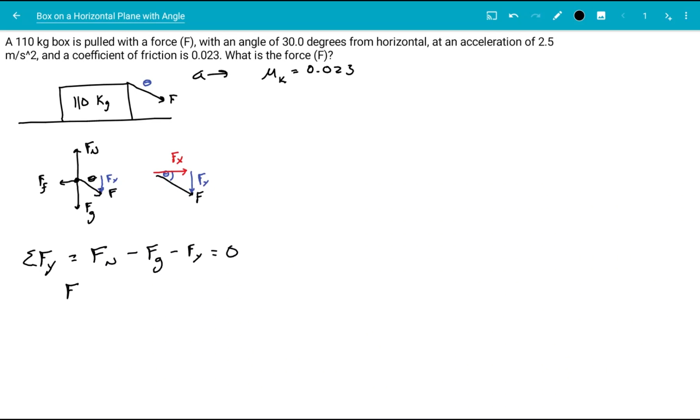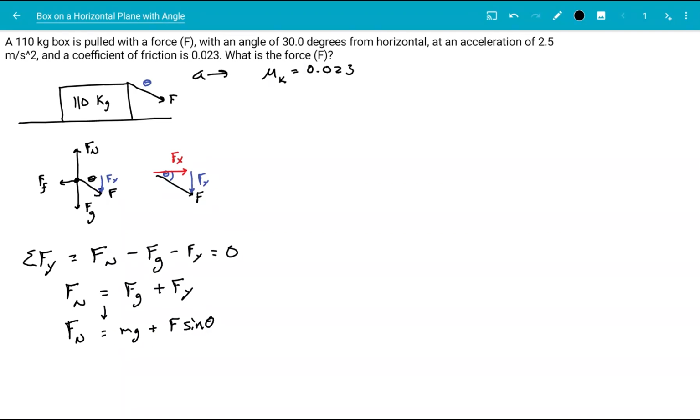So Fn equals Fg plus Fy. Let's break this down. This will be mg plus F sine theta, and that's what Fn is equal to. Fn, the normal force, is equal to these two components.